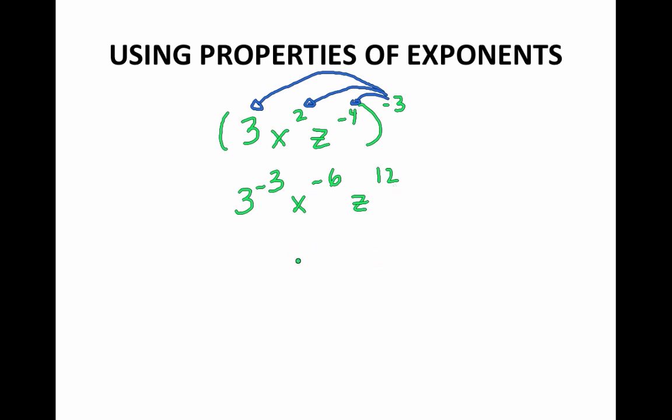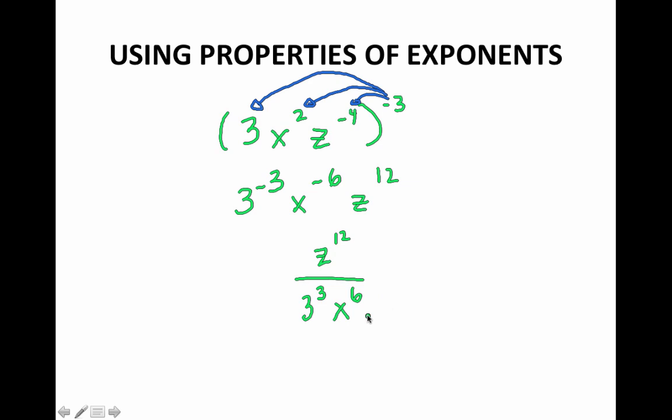The next thing that I would do is to get rid of these negative exponents, because we always want to have positive exponents when we're simplifying these kinds of expressions. So I would leave z to the 12th where it is. And in the bottom, I would have 3 to the 3rd, because that had to move. It was a negative power. And x to the 6th has to move because it has a negative power.